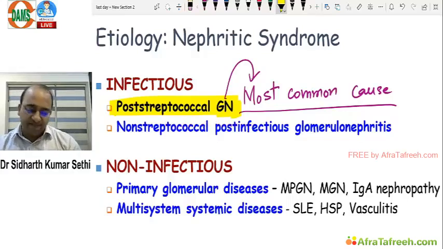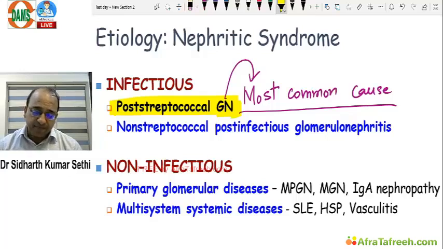You can have non-infectious causes like primary glomerular disorders such as membranoproliferative glomerulonephritis, membranous GN, and IgA nephropathy. It can also be part of multisystemic disorders like SLE, Henoch-Schönlein purpura, and vasculitis.